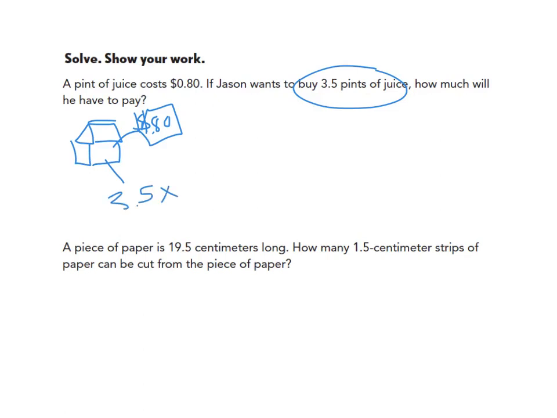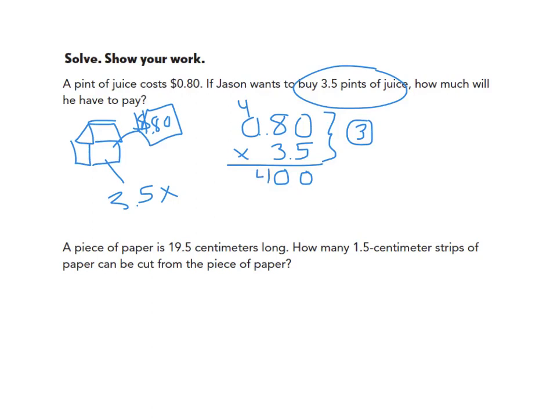So that means I need to take 80 cents and multiply it by 3.5, because I don't want it one time. I want it 3 times. When I see this, I think my question has 3 decimal points in it, so I want to make sure my answer has that too. So as I multiply, 5 times 0 is 0. 5 times 8 is 40.